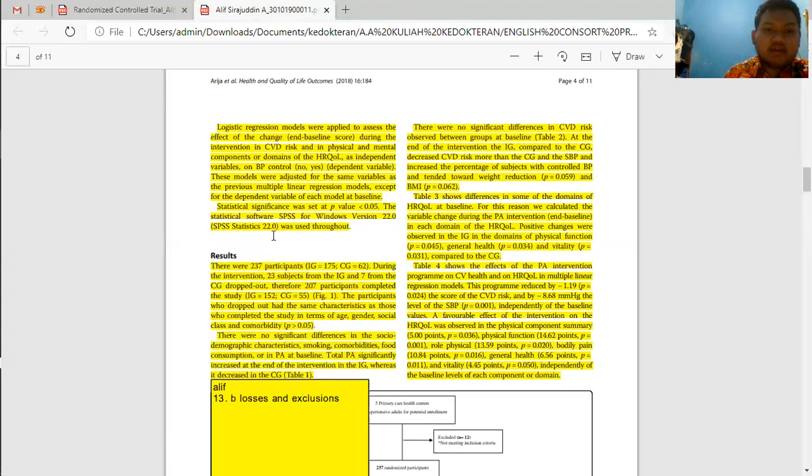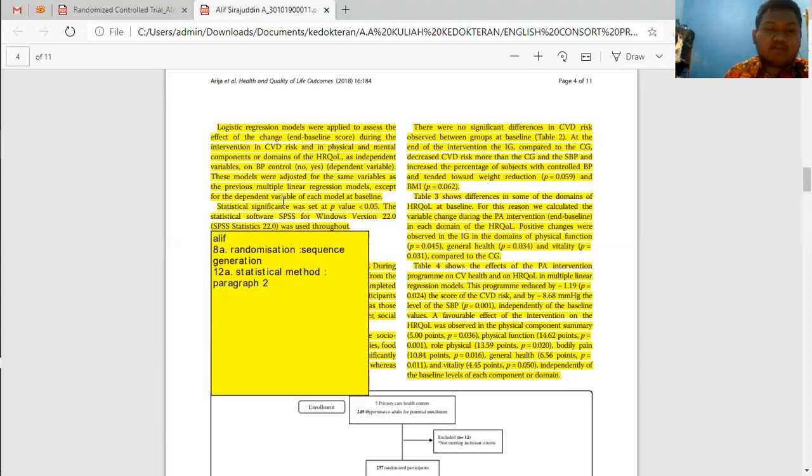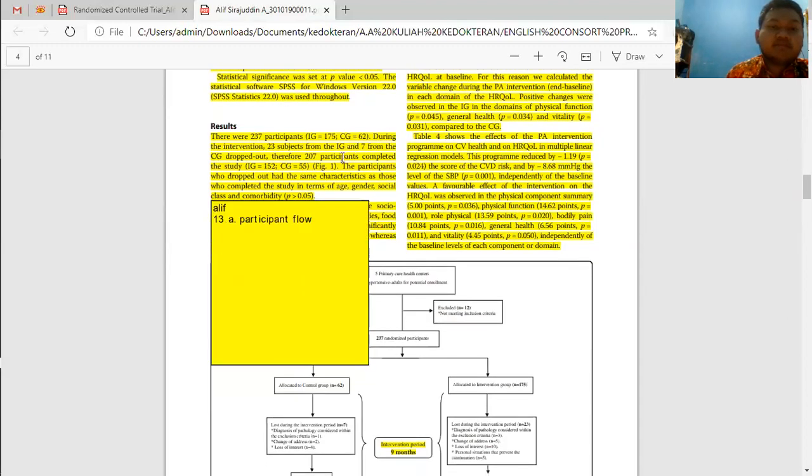And then it has item 12A in paragraph 2, about the statistical methods used to compare groups for primary and secondary outcomes. So 12A is for comparing the outcomes, the primary and the secondary.